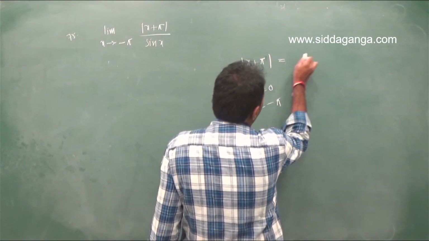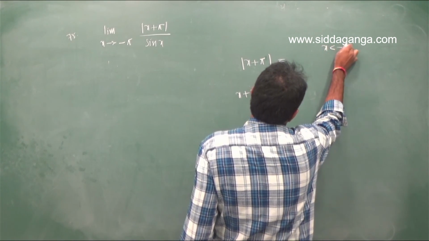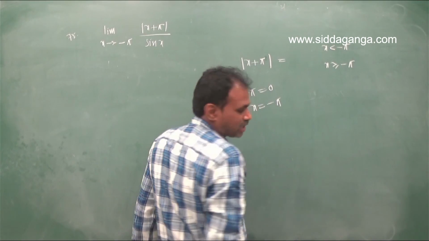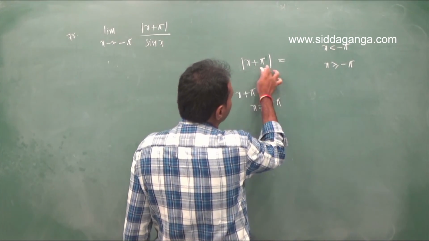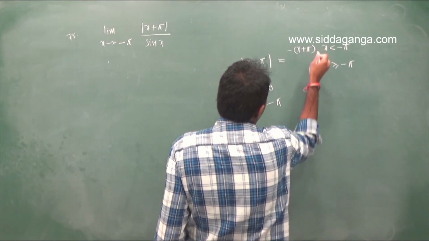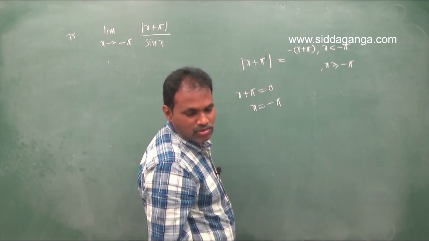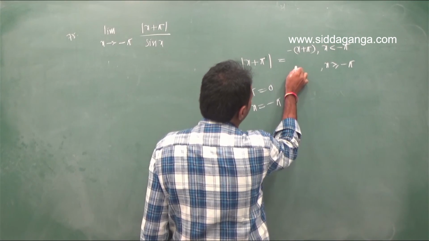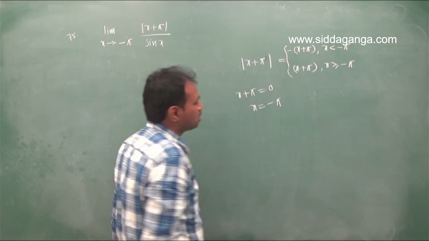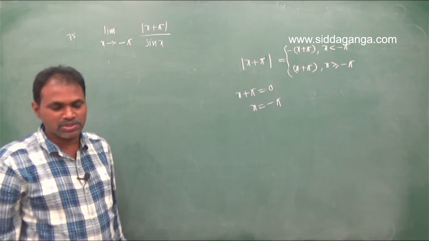Therefore, if x is less than minus pi, and x is greater than or equal to minus pi. If x is less than minus pi, mod of x plus pi value is minus of x plus pi. If x is greater than or equal to minus pi, mod of x plus pi value is x plus pi. This is the property for mod of x.